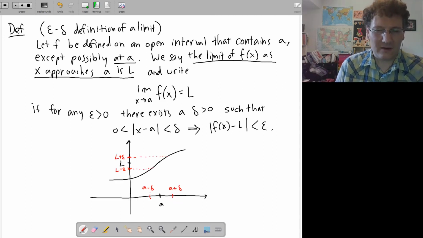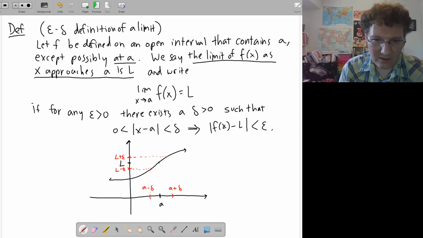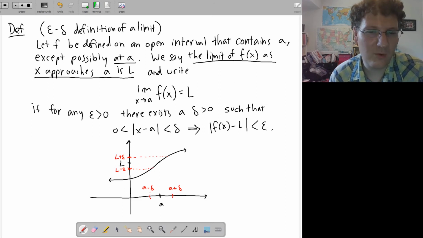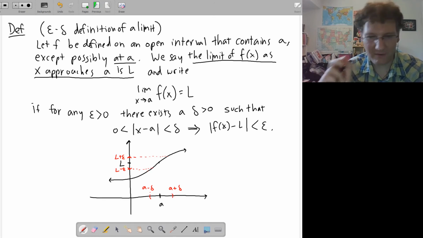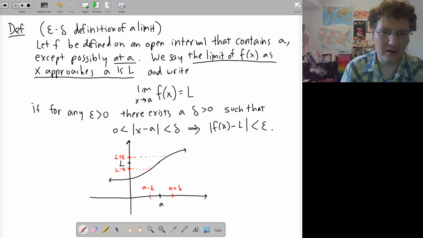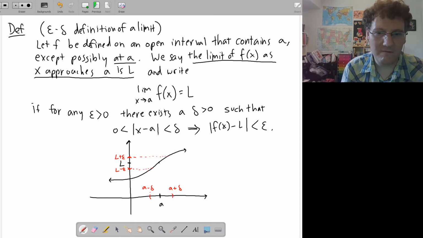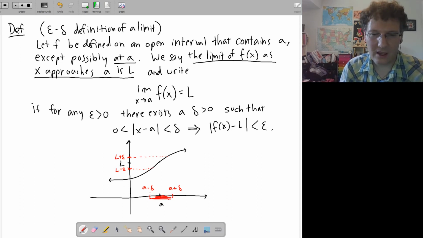And this is an illustration to hopefully give you some intuition about what this is talking about. The idea is that somebody says, I want the function to be no further away from L than epsilon, a very small amount. What we're saying is that for any value of x within this interval, we can find some delta.